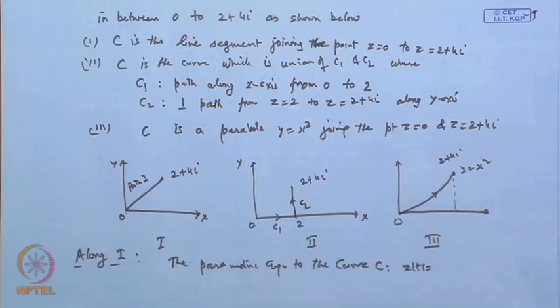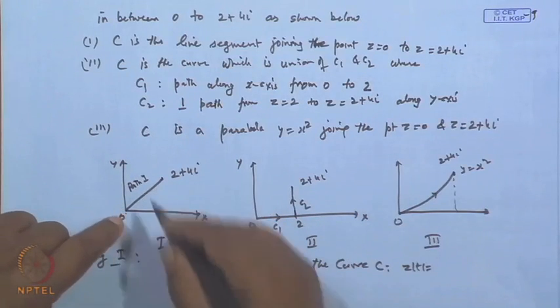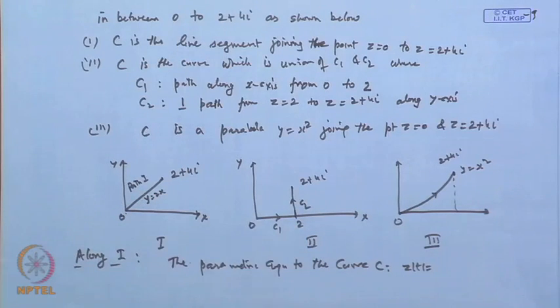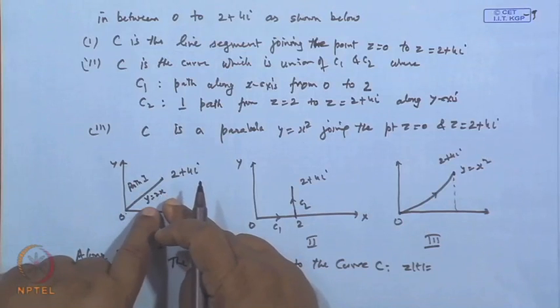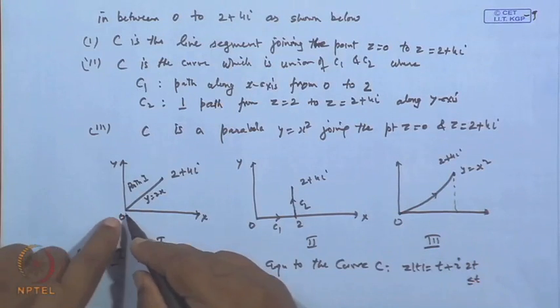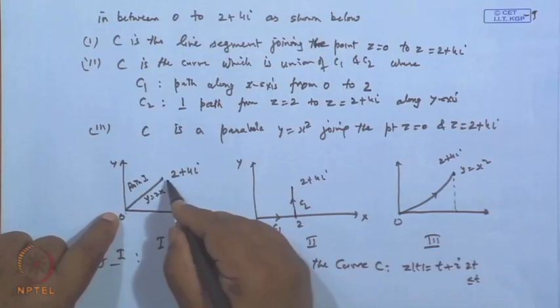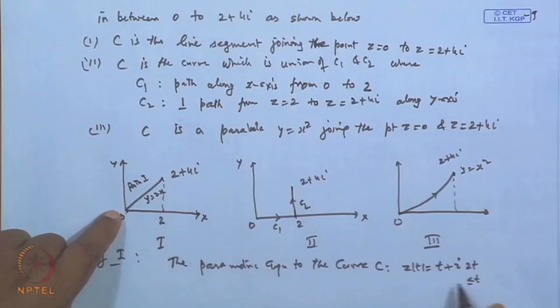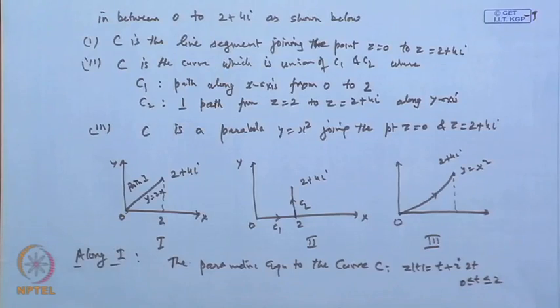So, basically the equation of this straight line becomes y equal to 2x. So, if I take x to be t, then y becomes 2t, and t must vary such that this entire thing is covered. Since x varies from 0 to 2 and I am taking x to be t, t must vary from 0 to 2. Did you get me?